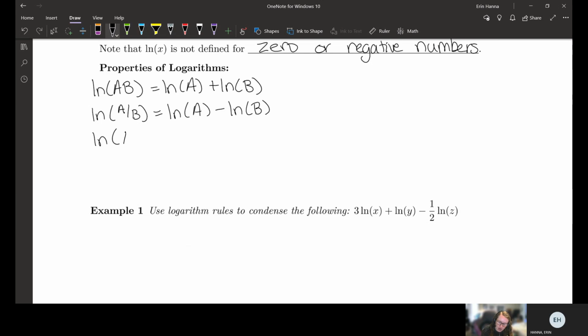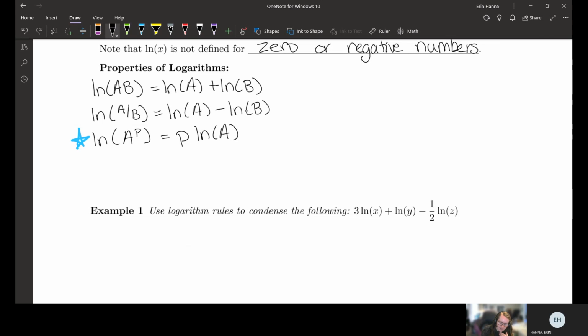If we have the natural log of a to some power, we can bring that power down outside of the logarithm. This is the big important one for our purposes because we're going to want to solve equations that have the variable we want to solve for in an exponent. So this is essentially that step that allows us to bring it down.